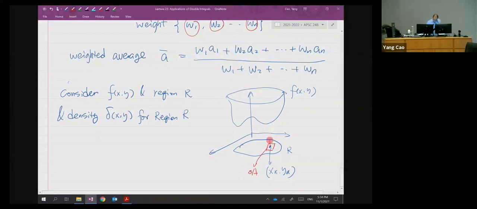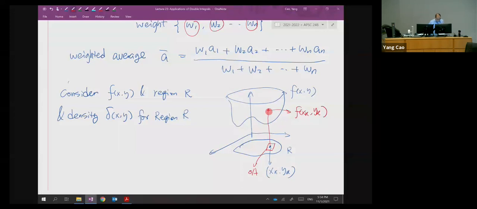If you extend this point upwards, then you get f of x_k, y_k. In bullet number 3, we calculate the average value of the function f by taking n number of them, then you let n go to infinity, and you get a double integral.